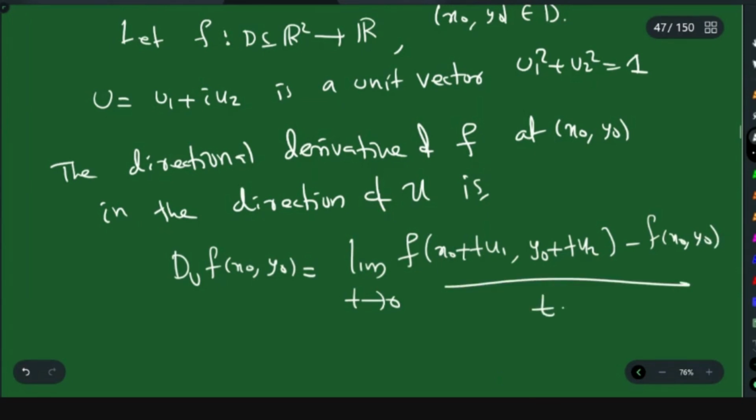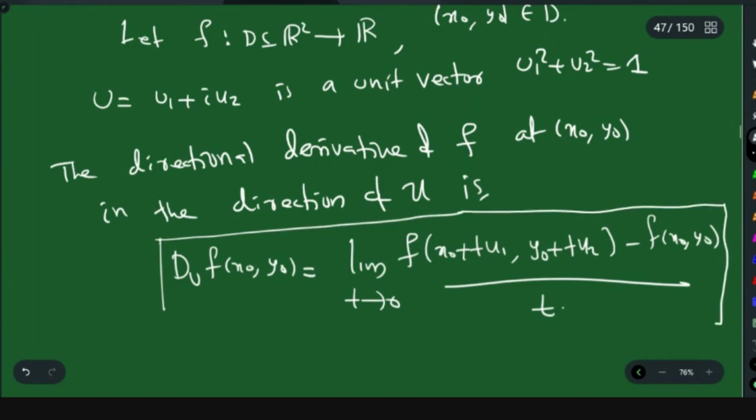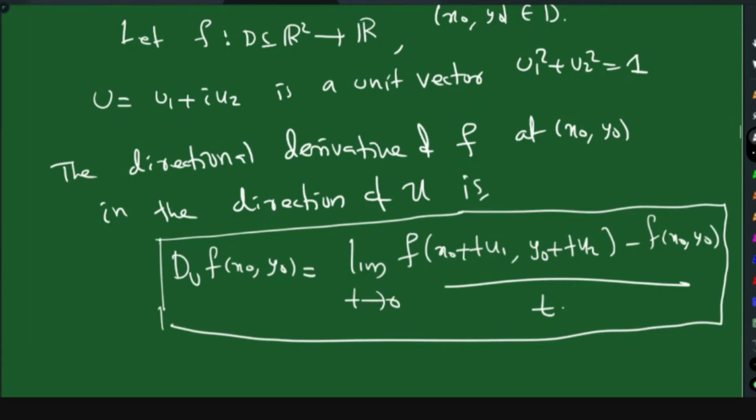So this is the directional derivative of f at x naught y naught in the direction of the unit vector u1 plus i u2. You have a function f and x naught y naught in the domain, and you are trying to find the directional derivative. This is the way it is defined. So this is the definition.